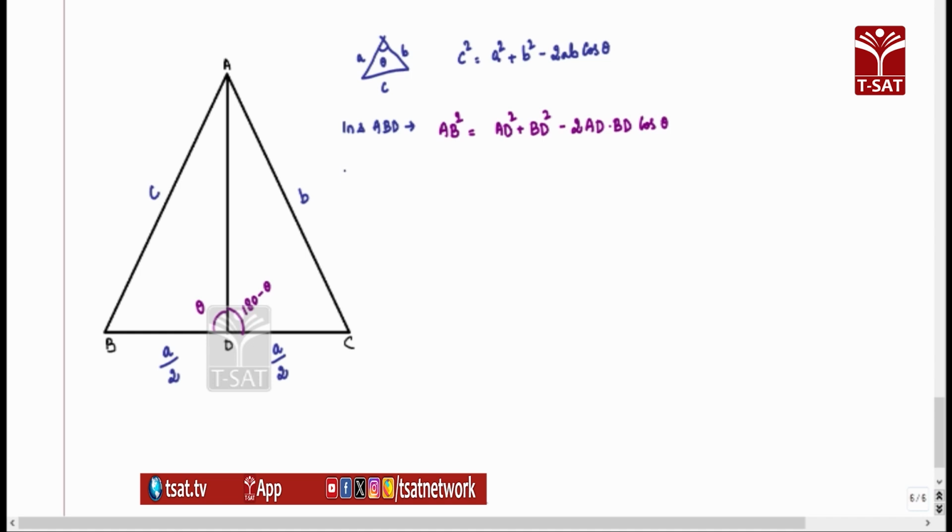Look at it in the same way in triangle ADC. AC square is equal to AD square plus DC square minus 2 into AD into DC cos 180 minus theta.